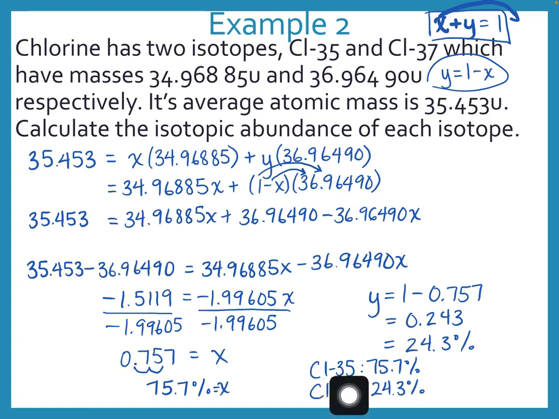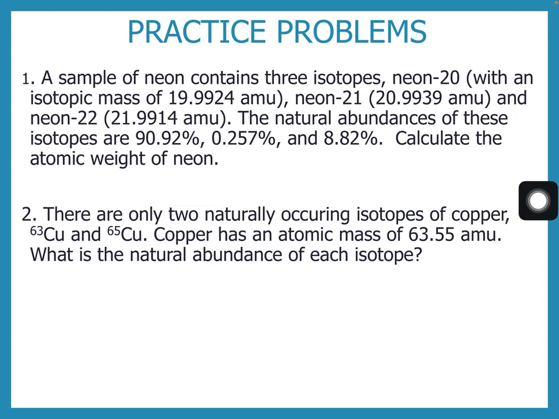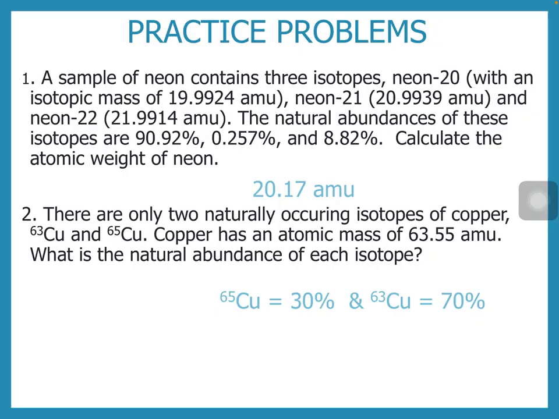So we have much more of chlorine 35, and so it makes sense that the atomic mass that's listed is a number that is closer to 35 than it is to 37, or even halfway in between at 36.